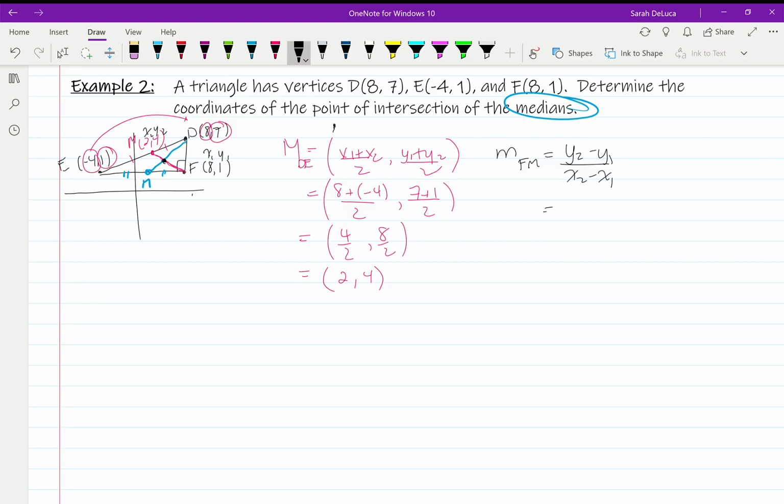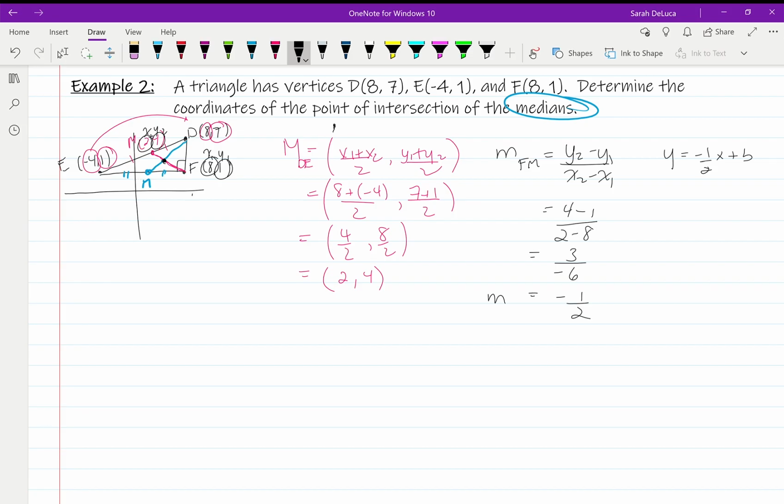So y2 is 4, y1 is 1, x2 is 2, and x1 is 8. 4 minus 1 is 3, 2 minus 8 is -6, and that gives me -1/2. So there's my slope. Now I can plug that into y equals mx plus b.